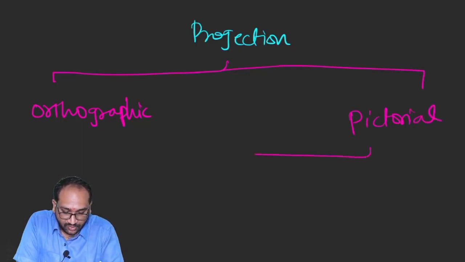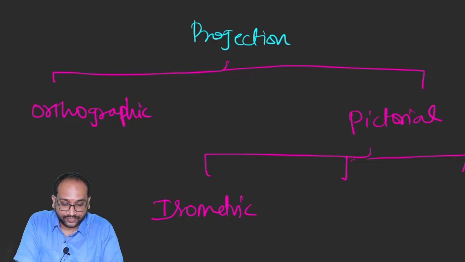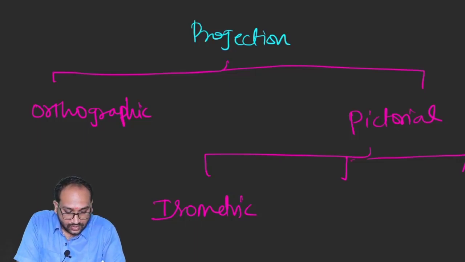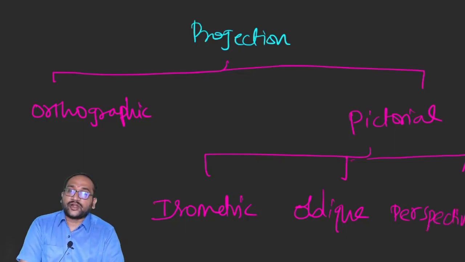This pictorial projection is again divided into three types. One is isometric projection, oblique projection, and perspective projection.